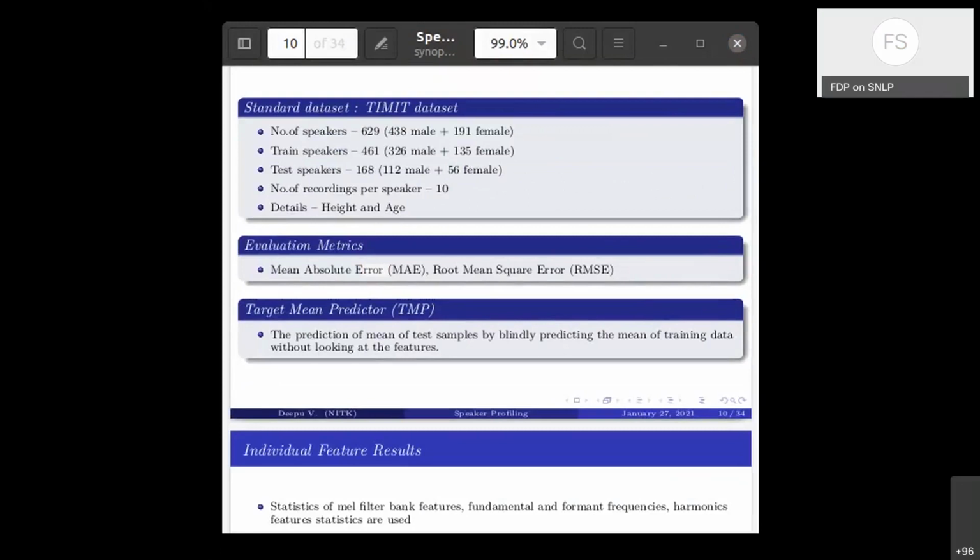Basically, speaker diarization is done on conversations, where two or more people are speaking together. I am not aware of any data set at this point in Indian languages where we can do it. So if you are planning to do it, maybe the first thing you need to do is collect data.